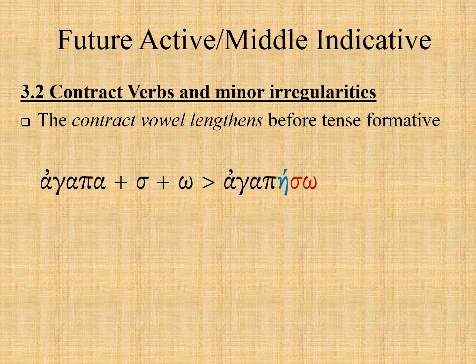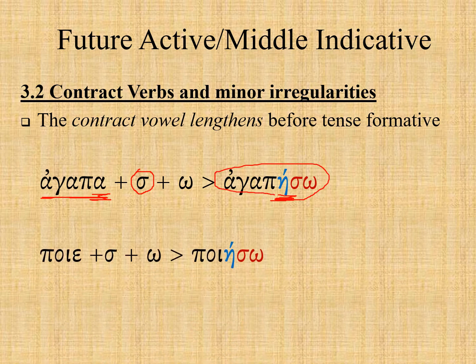So here we have agapa, the stem for the verb agapao, and then when we add the sigma, the tense formative, we can see that the alpha actually lengthens to eta. So agapeso, I will love. Now that's not something that you need to be able to construct. However, you should be able to recognize this as the future verb, first person singular.